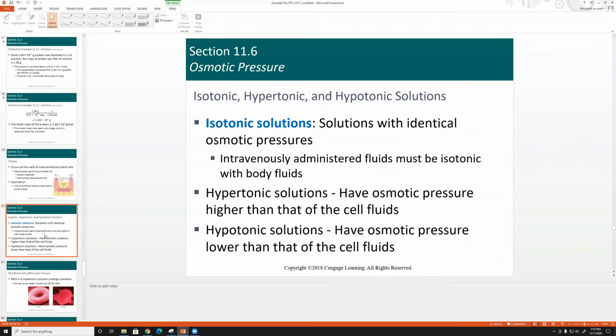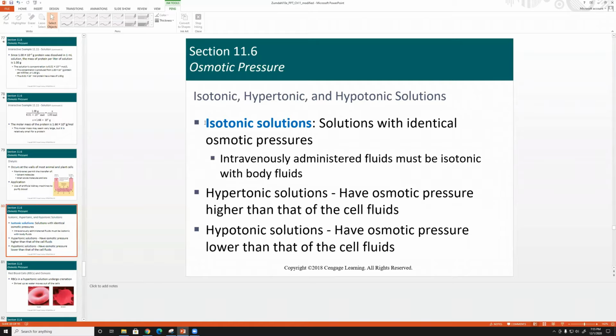Now, what we can talk about with dialysis is this concept of isotonic, hypertonic, and hypotonic solutions. This has to do with osmotic pressure, and rather than solute movement, it talks about solvent movement. This really corresponds to blood cells and cells in general.